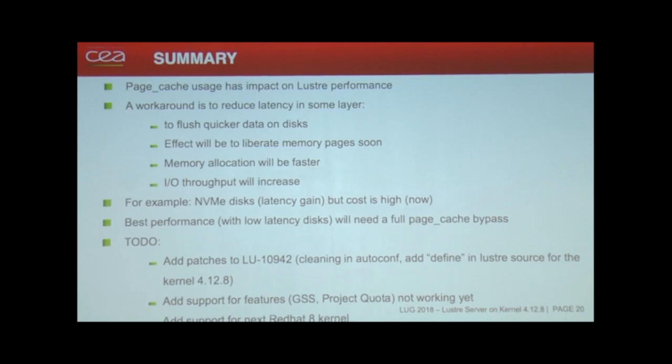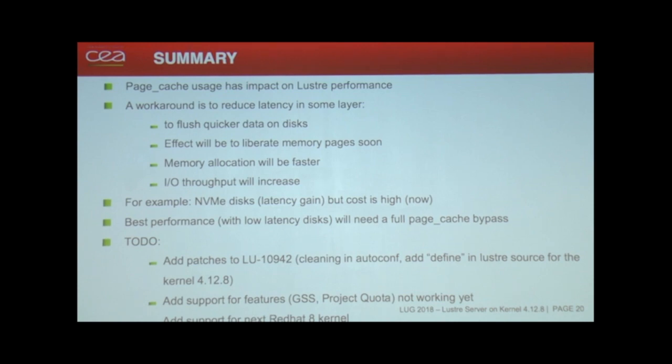There is still something to do on this topic. I need to add the patches on this LU, the 10942. I need to clean something in AutoConf and add define for the specific kernel, the 4.12.8, inside the Lustre source code.